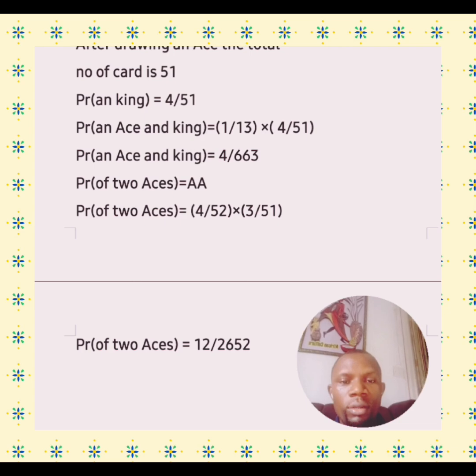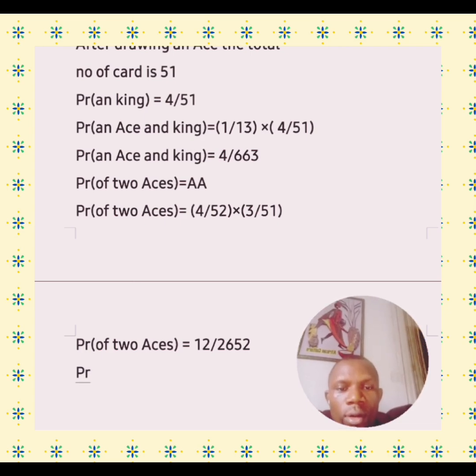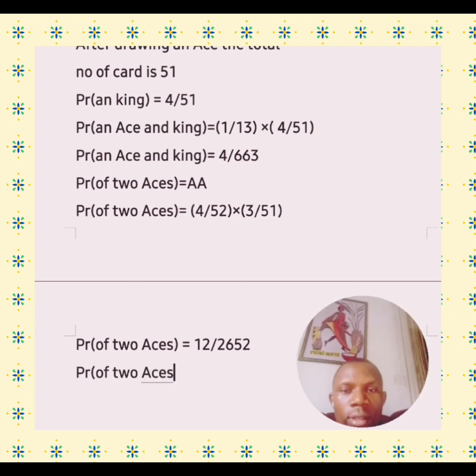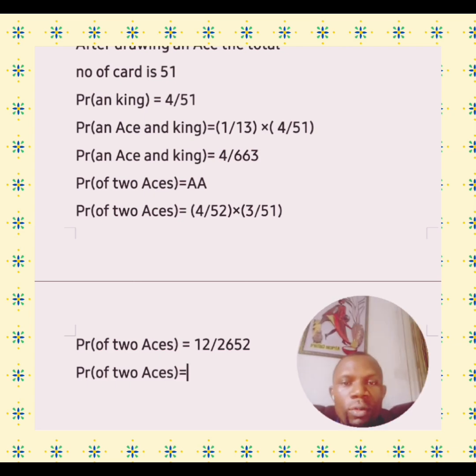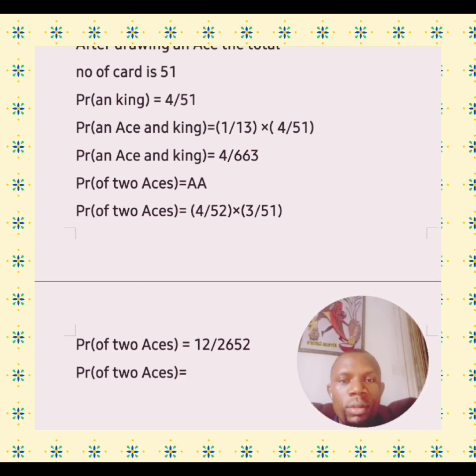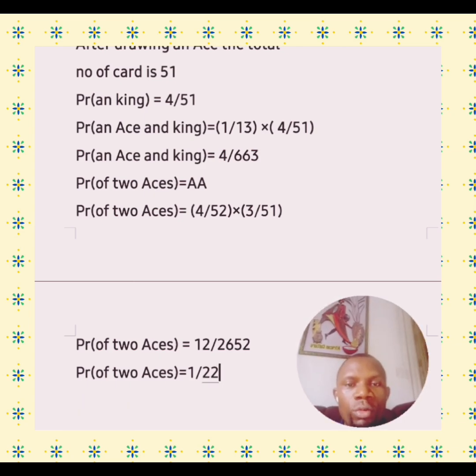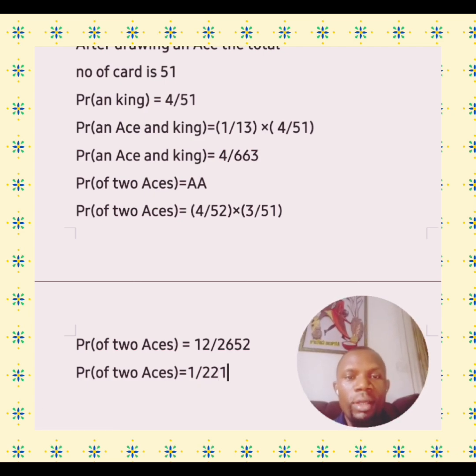Let me come down. So my probability of two aces is 12 over 2652. 12 can go into 2652, giving me 221. So I have 1 over 221. This is all about the question that is given to us to solve.